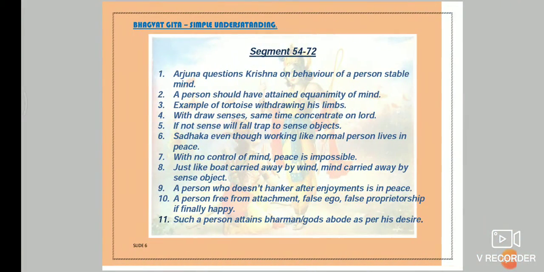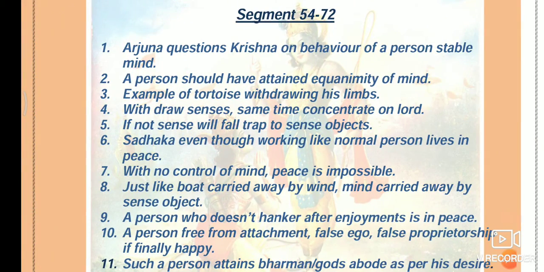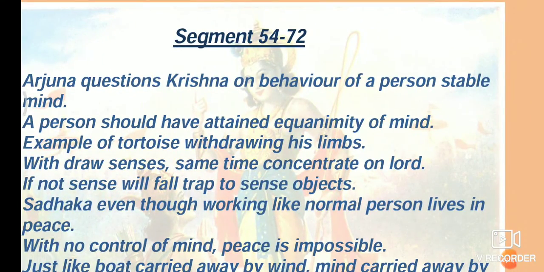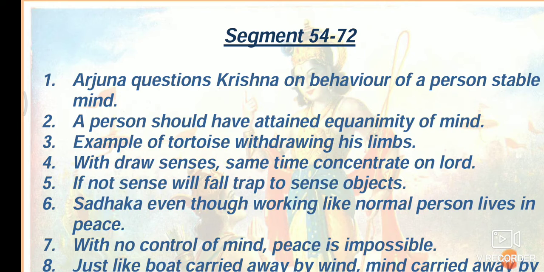Then coming to the final segment, Arjuna, after listening to Krishna's three topics, that is Sankhya Yoga, duties of a Kshatriya, and Karma Yoga, where the common principle Krishna told was to attain equanimity of mind, now asks Krishna what the behavior is of a person who has already attained a stable mind.